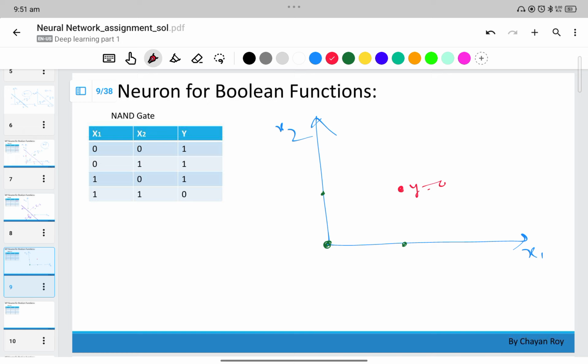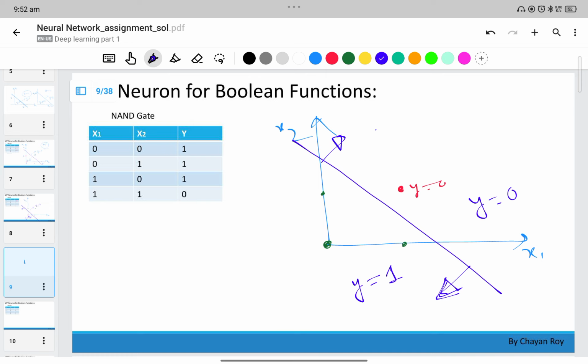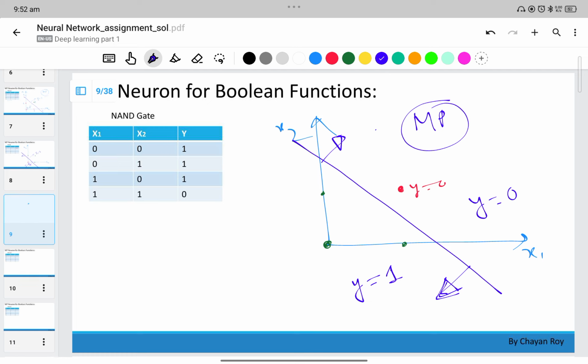In this case, we will draw a decision boundary like this, and we will choose theta such that the positive result comes under this side of the decision boundary. So here y equals to 1 will be on that side and y equals to 0 will be on this side. If we solve an equation based on this decision boundary, we can solve this with this MP neuron.